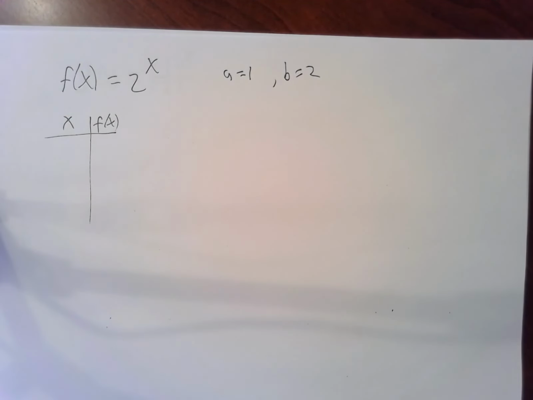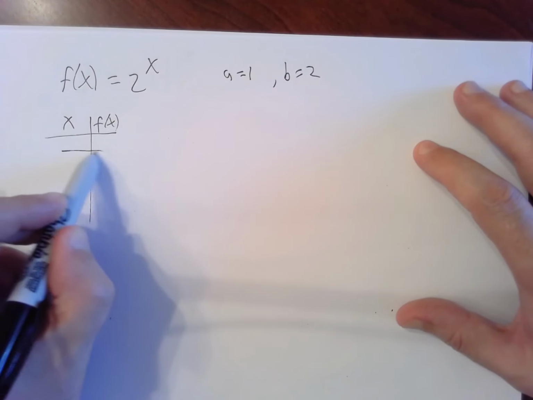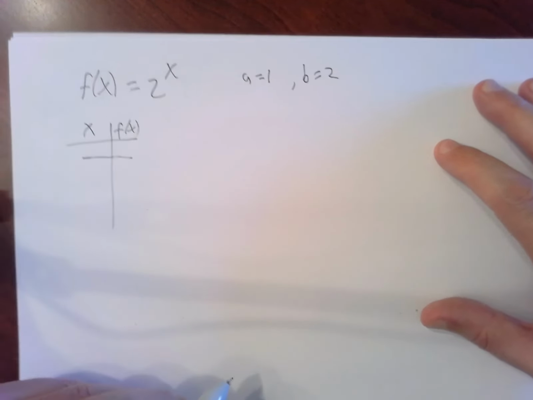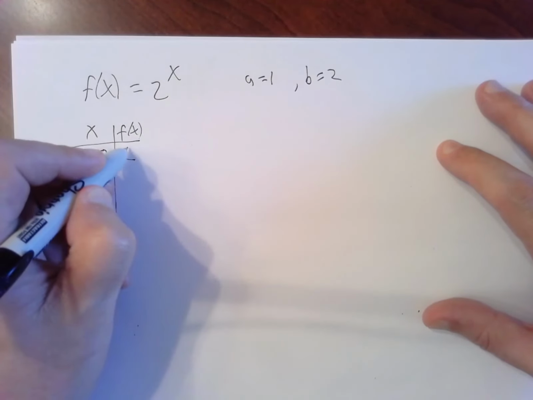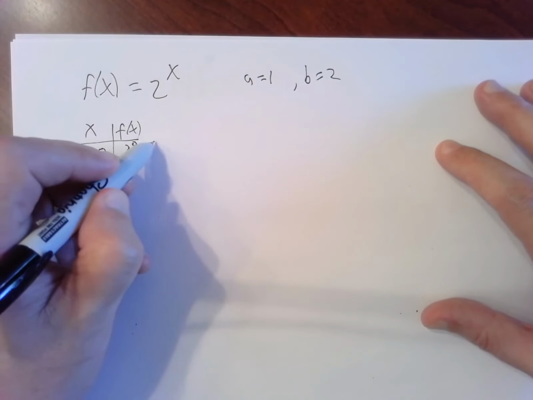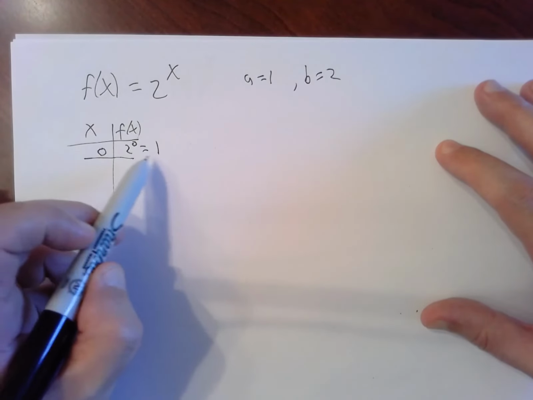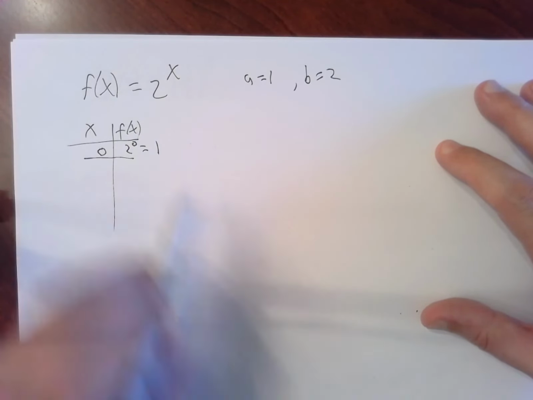Okay, let's make an xy chart for fun. So let's make up a bunch of x's, find the y's that go with them, and plot them. If x is 0, 2 to the 0 power, anything to the 0 power is 1. Hey, look, that's our initial amount. That's what a means. If you plug in 0, what's your output?